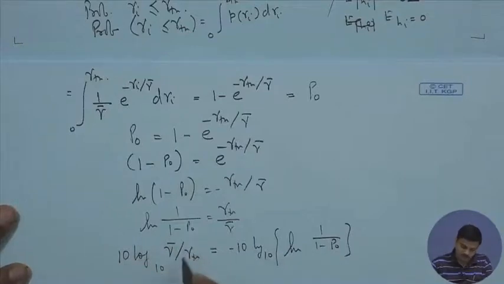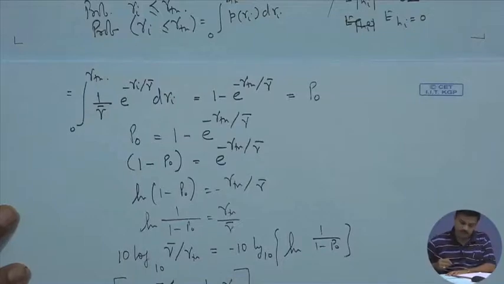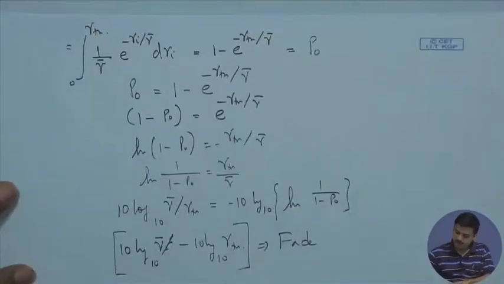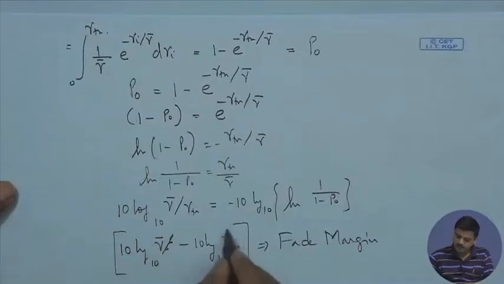So if you look at this, what we have over here is 10 log base 10 gamma bar. We could say it is SNR in dB, minus 10 log 10 of gamma th. So this difference that we are seeing is basically the fade margin, because this is the average SNR in decibels, and this is the particular threshold that we are talking about.